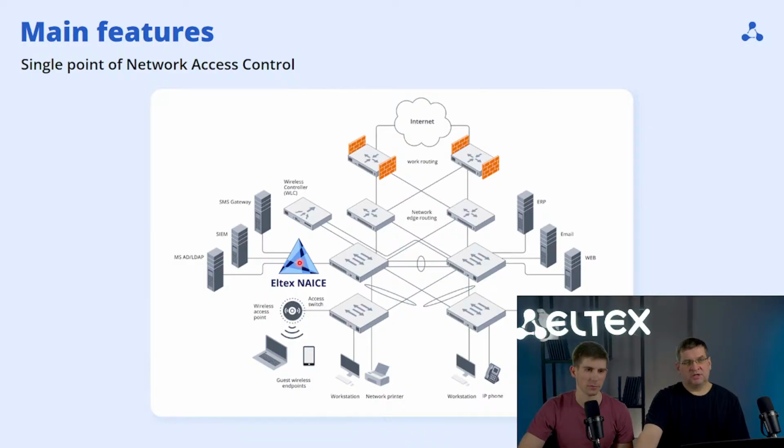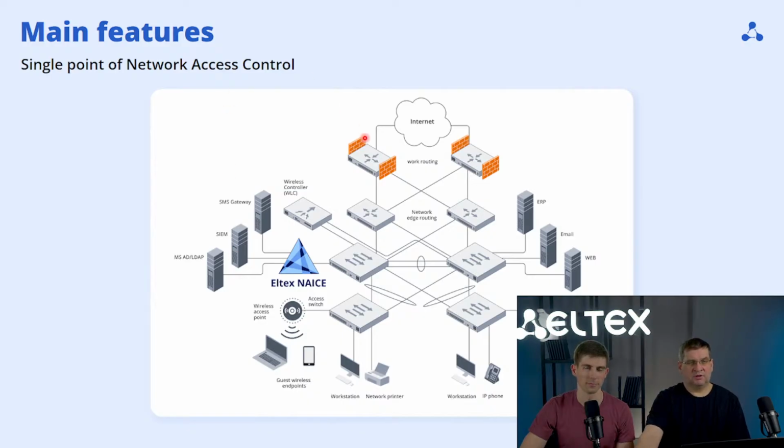All this information is going to NAICE during these actions, and you can see these things in one central point, and that's not all. Also, we can pull identity information from Microsoft Active Directory or LDAP identity sources, and not save it in NAICE and duplicate it in both different systems.